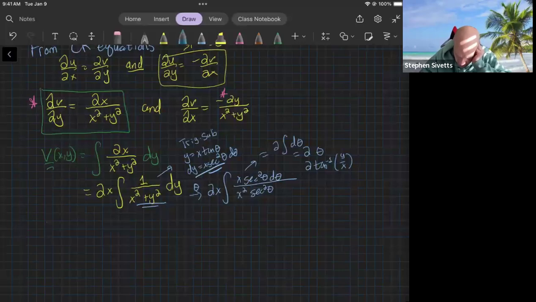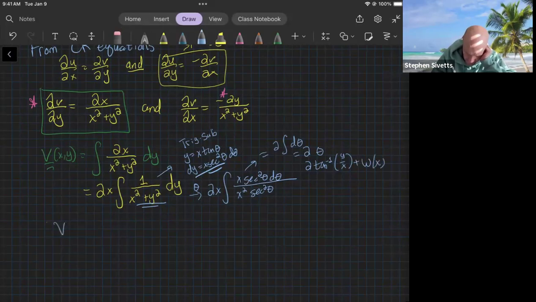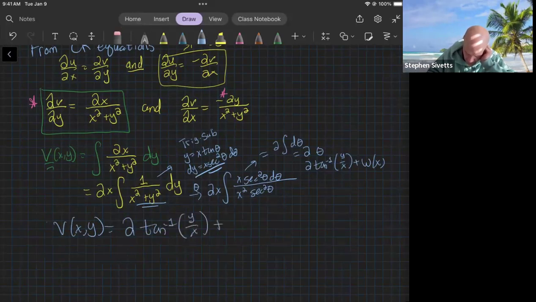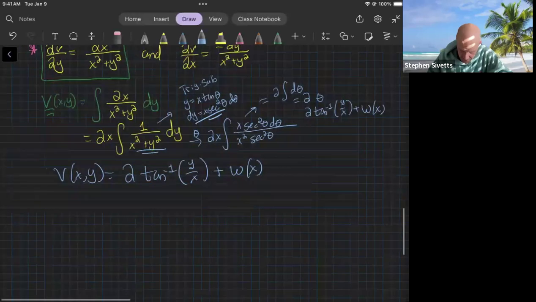So really the function v of x, y should be 2 times inverse tangent of y over x plus some function of x, okay?